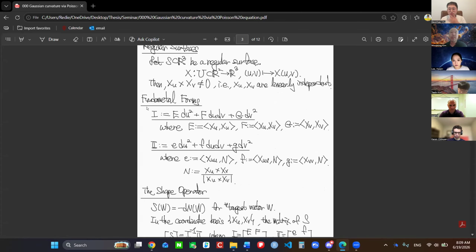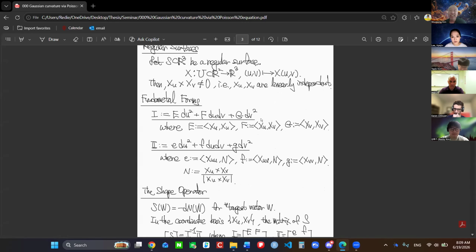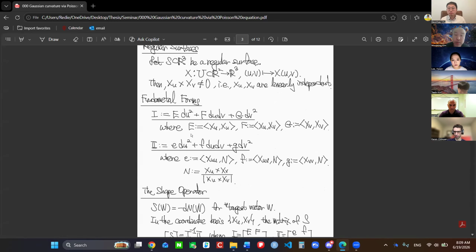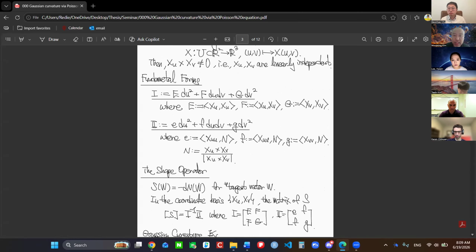And what are the fundamental forms? There are two forms. The first fundamental form is defined as E du² + 2F du dv + G dv². We define E, F, and G as inner products of xu and xv as follows.